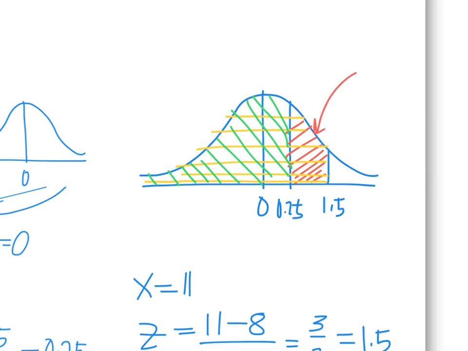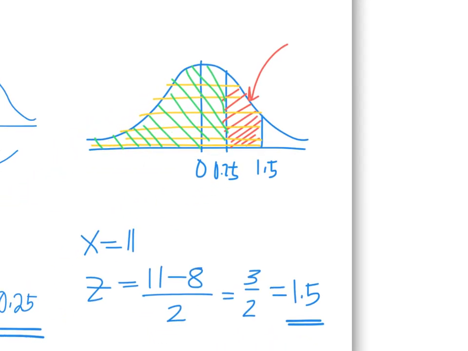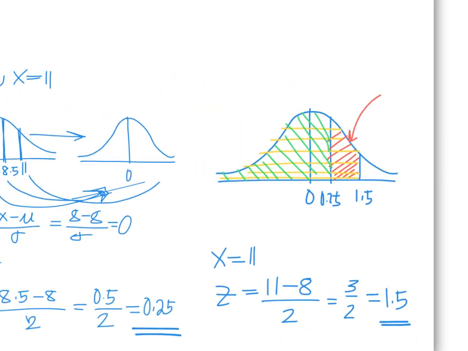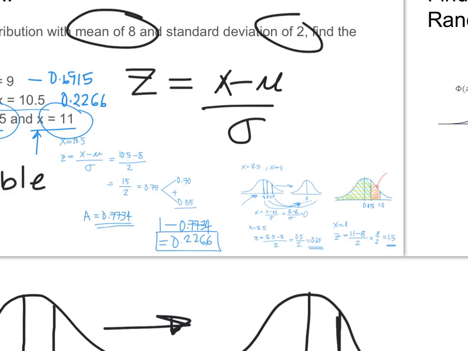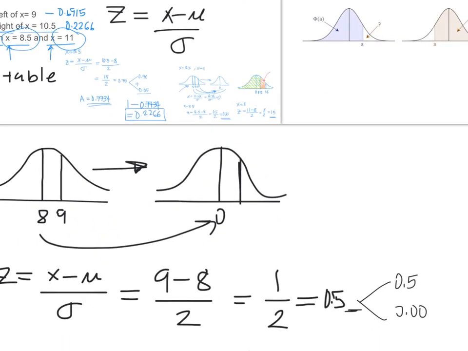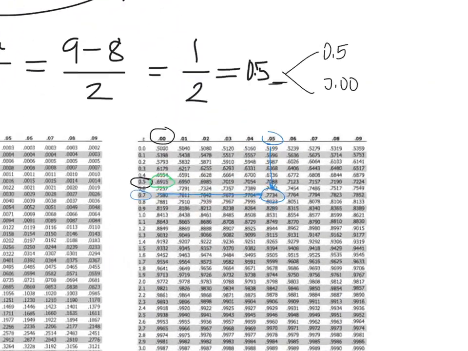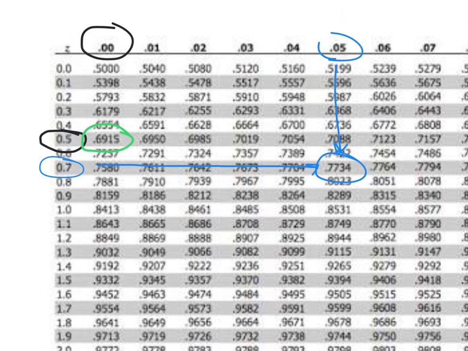So for z equal to 1.5, we have to go back to the z table.